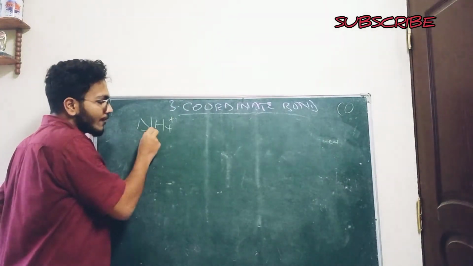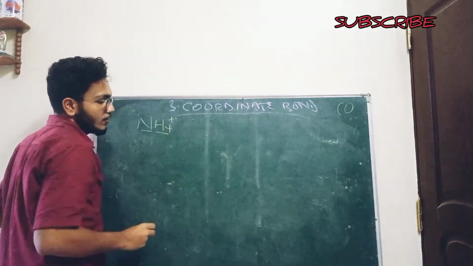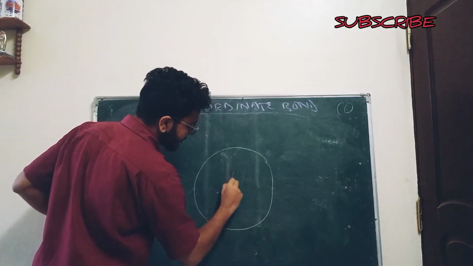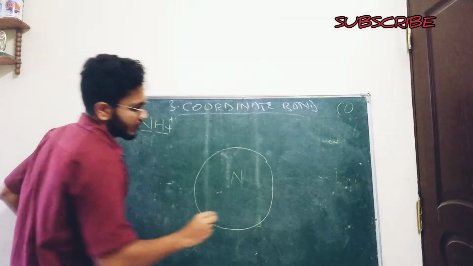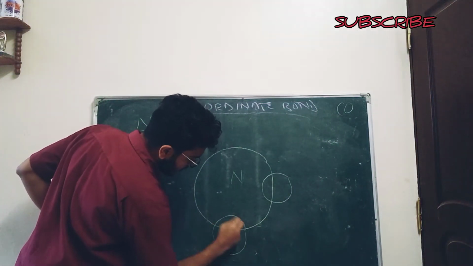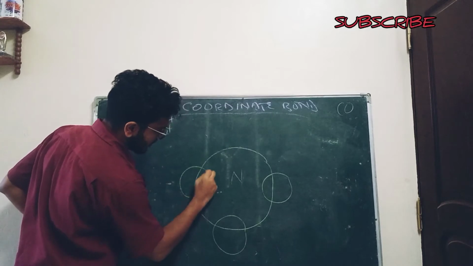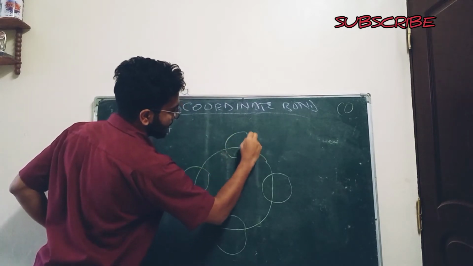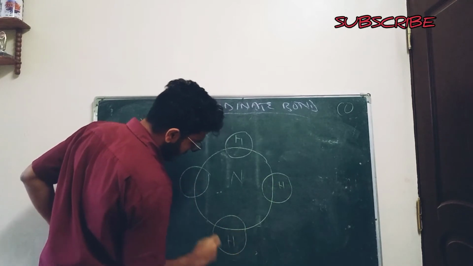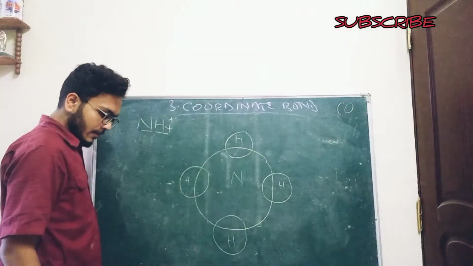We have 1 atom of nitrogen and 4 atoms of hydrogen. So you draw one big atom of nitrogen and 4 atoms of hydrogen. 1, 2, 3, 4. And hydrogen, hydrogen, hydrogen, and hydrogen.